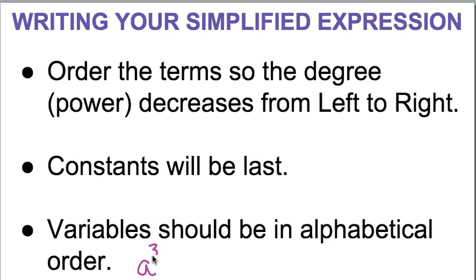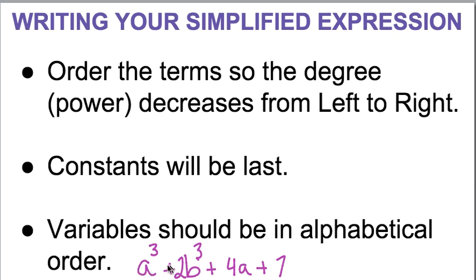If you had some a to the third power and b's to the third power, plus 4a plus 7. So here's an example of an expression where we've got variables in alphabetical order.